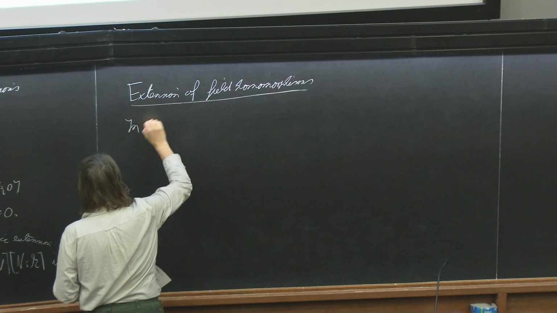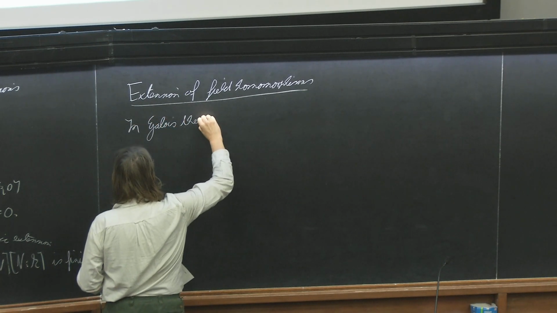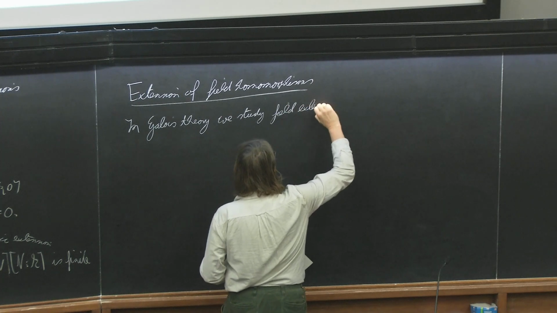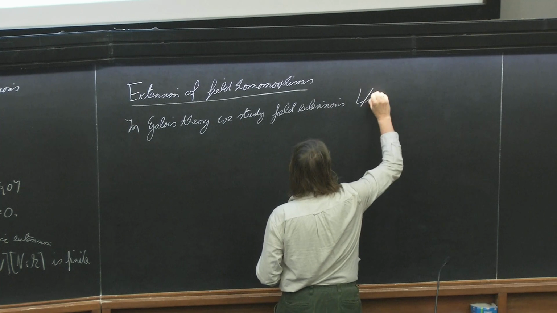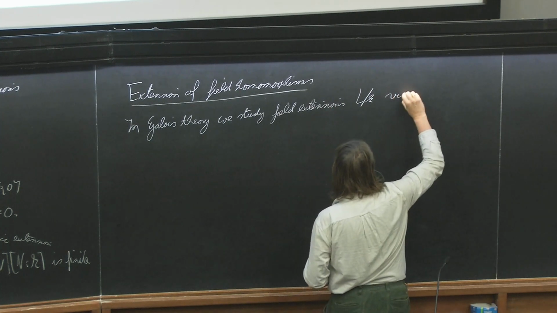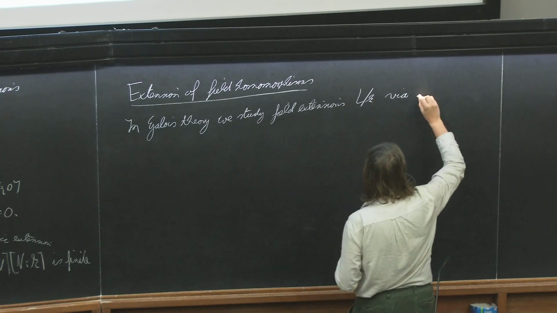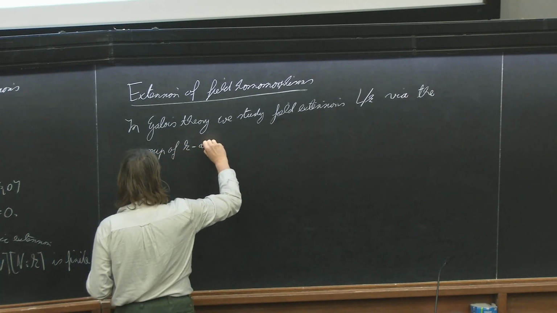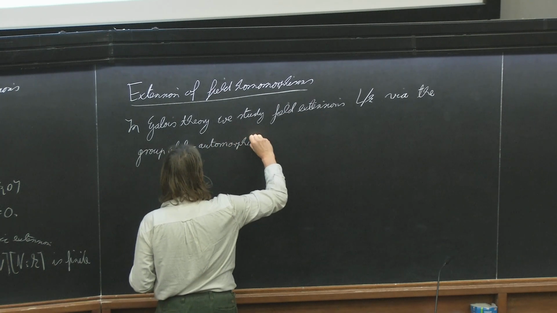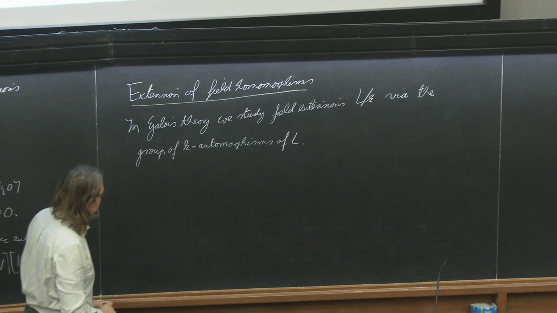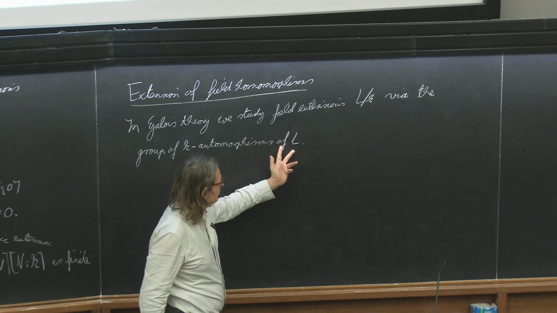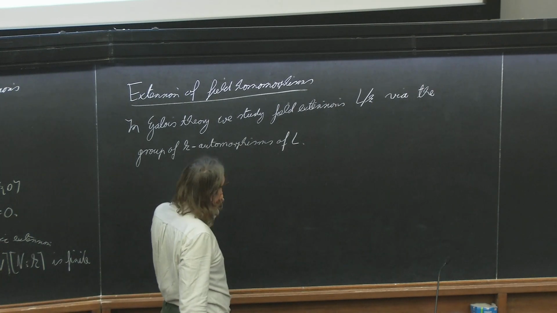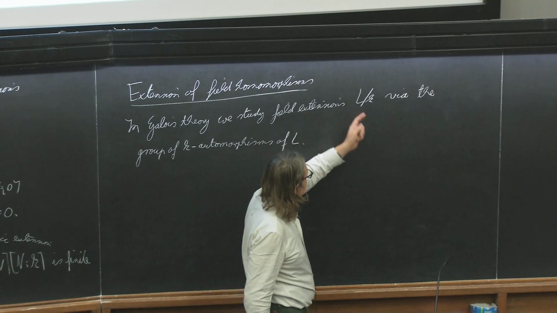So, in Galois theory, we study extensions L over K via K-automorphisms of L. So obviously, in order to do that, we have to be able to understand something about these K-automorphisms of L. In particular, let's first look at this in the case of simple algebraic extensions.